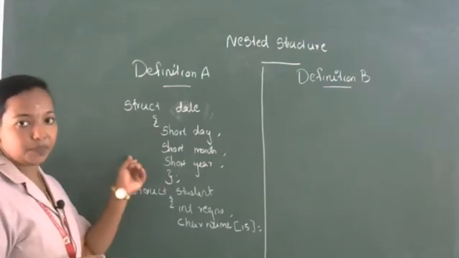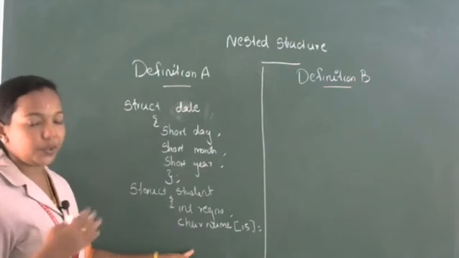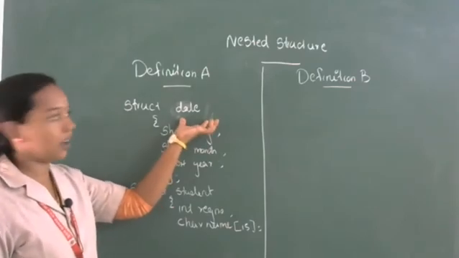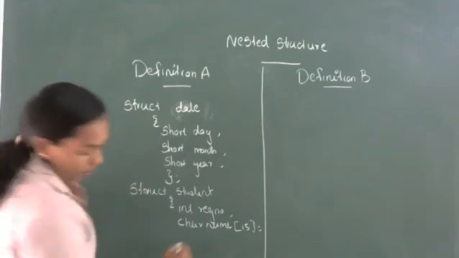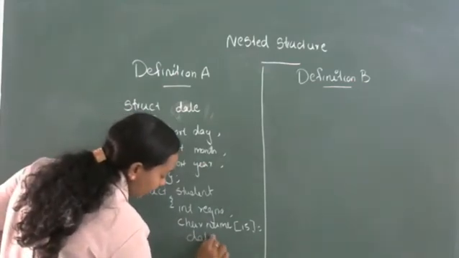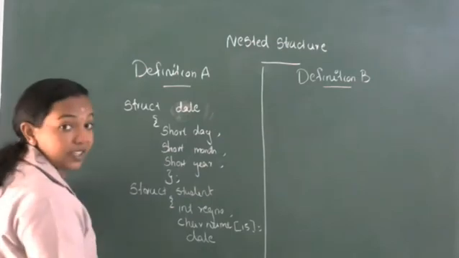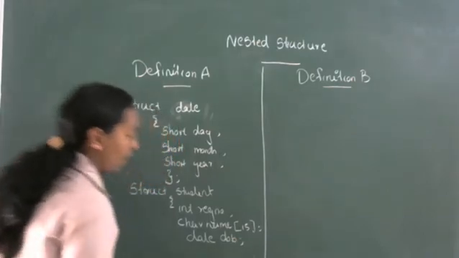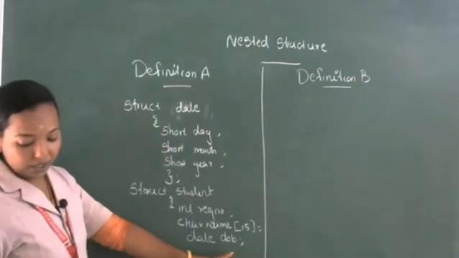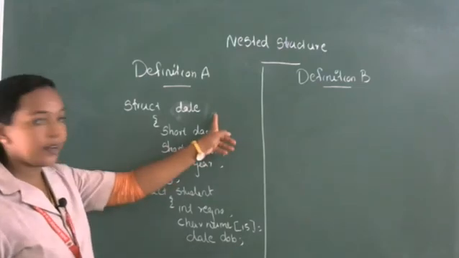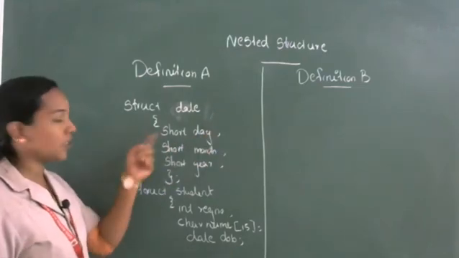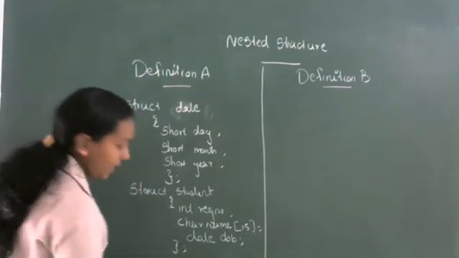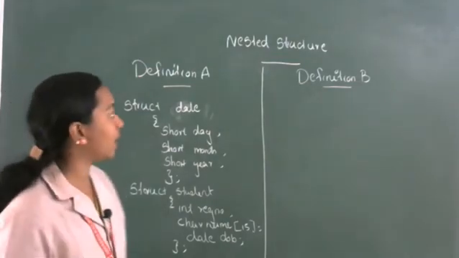For including it, instead of a data type I use the name of that structure. What is the name of the structure? Date. The data type here is date, because date is a structure, a user defined data type. Then I can use a variable name called DOB. If you write date DOB, it will point to the structure struct date. Once the definition is over, close the bracket, semicolon.